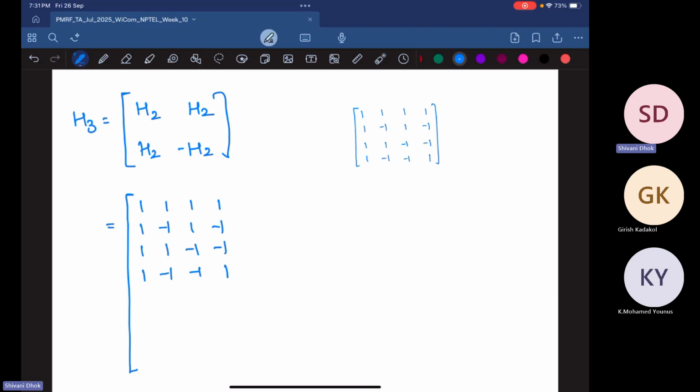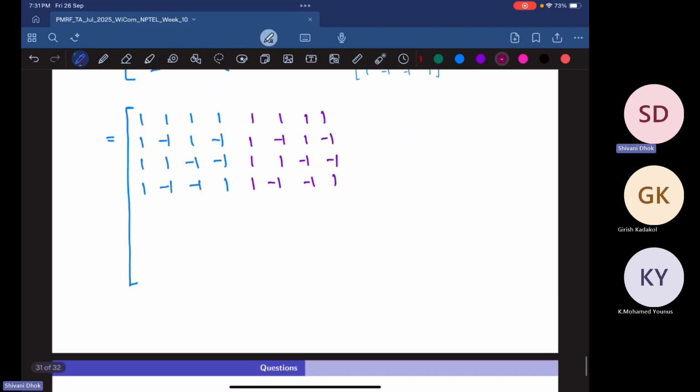Then the same thing repeats. 1, 1, 1, 1, 1 minus 1, 1 minus 1, 1, 1, minus 1, minus 1, 1 minus 1, minus 1, 1. Then we have 1, 1, 1, 1, 1, 1, minus 1, minus 1, 1 minus 1, minus 1, 1. And now the negative of it.